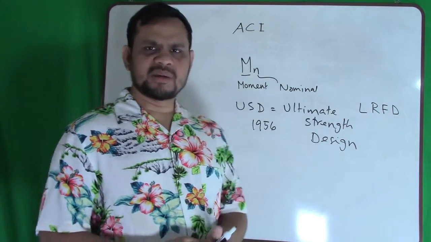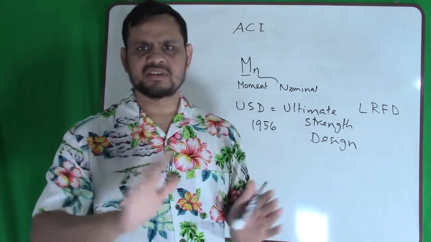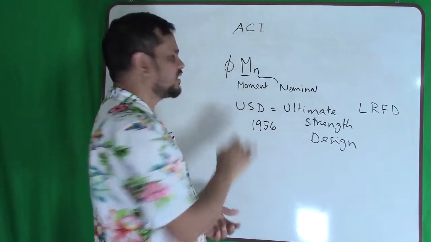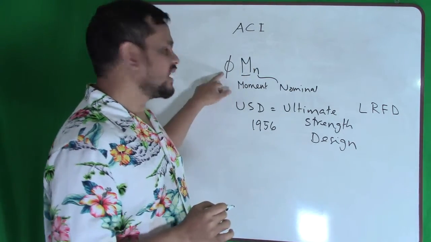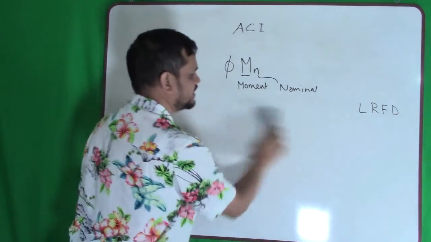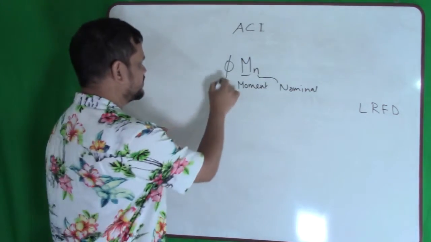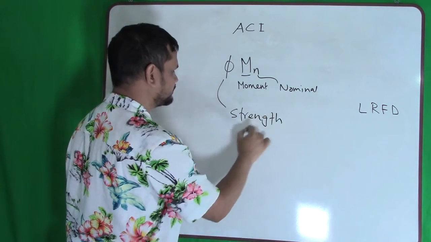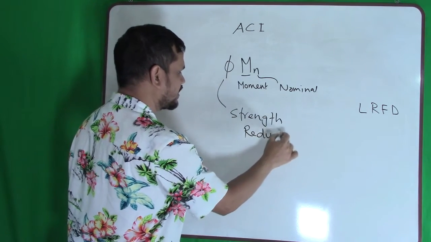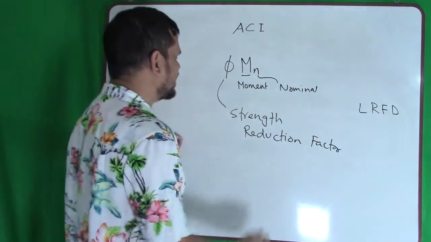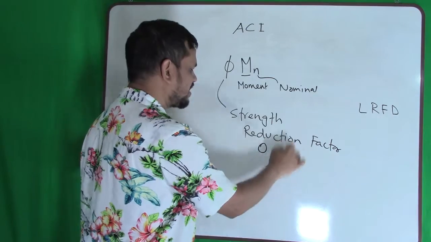Say the nominal moment capacity of a beam is something. What we will do is multiply by a factor, called the strength reduction factor, and that is roughly 0.9.